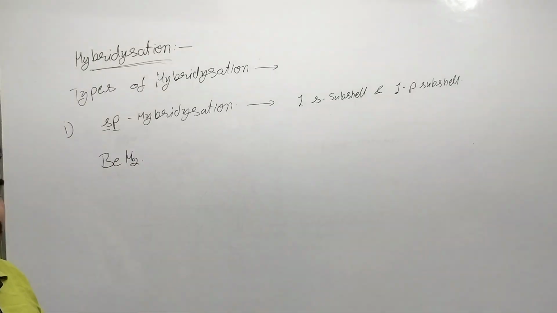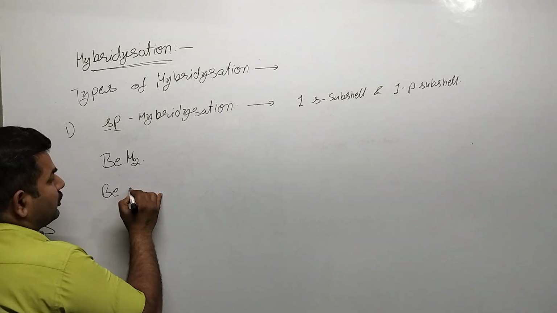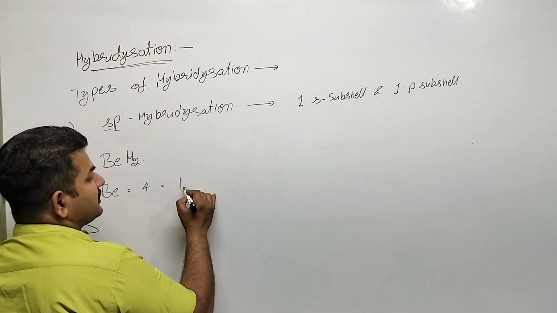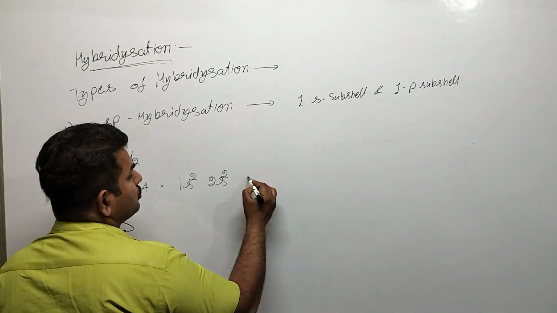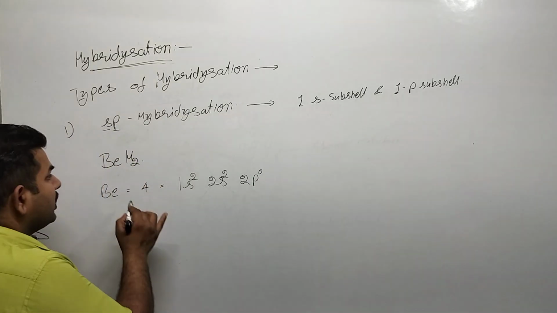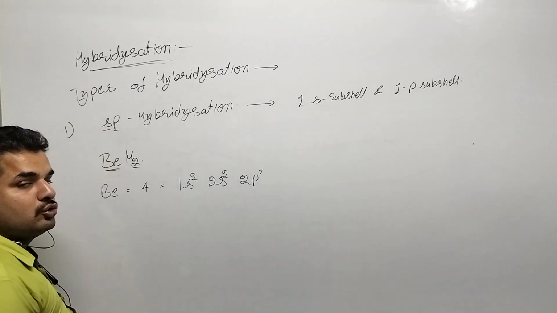Beryllium hydride. Here we have beryllium, atomic number 4, and its electron configuration is 1s2, 2s2 and 2p0. Here we see that beryllium can combine with two hydrogen atoms.